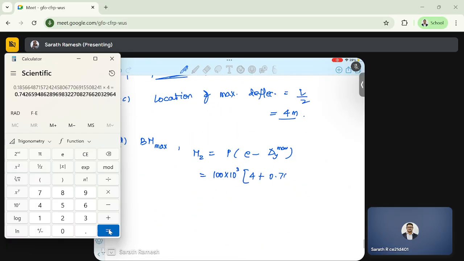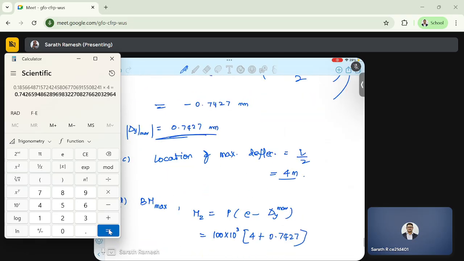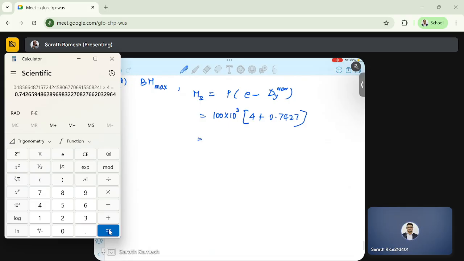So be careful. This will be plus 4 into 1 2 3 2 3 4 5, 4.7345 into 10 power 5 Newton mm. Okay, M max.